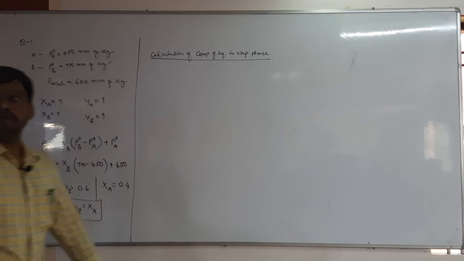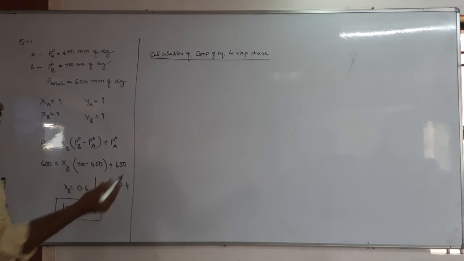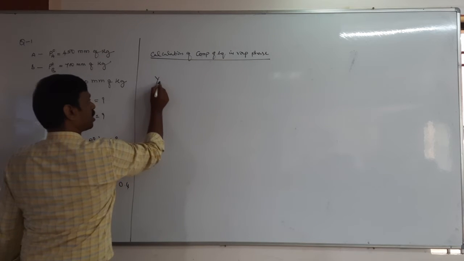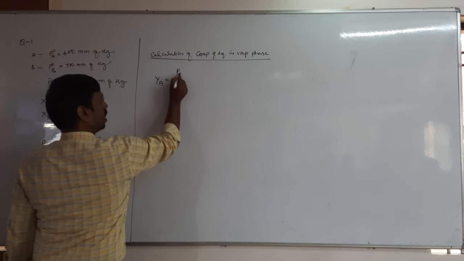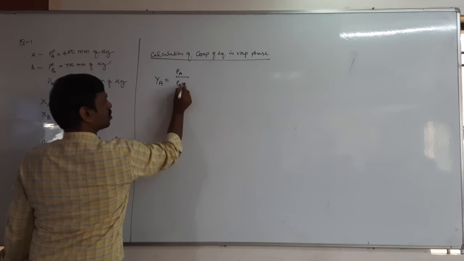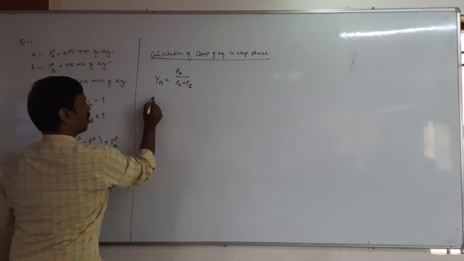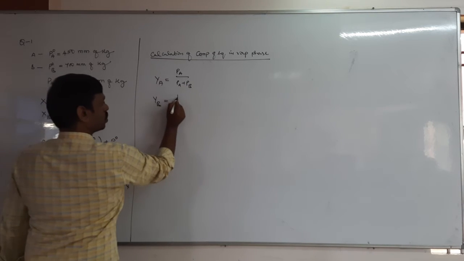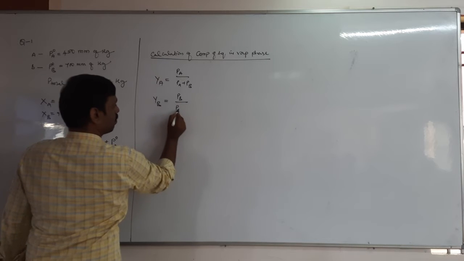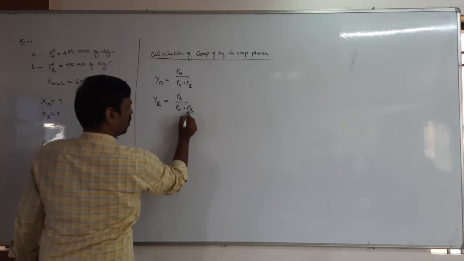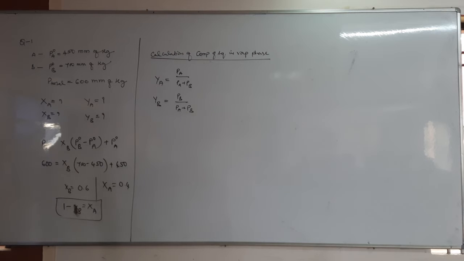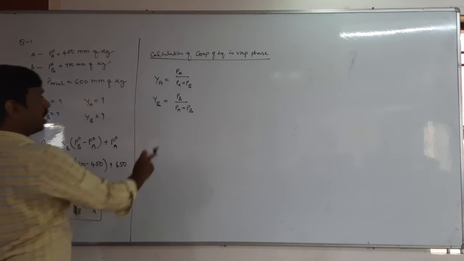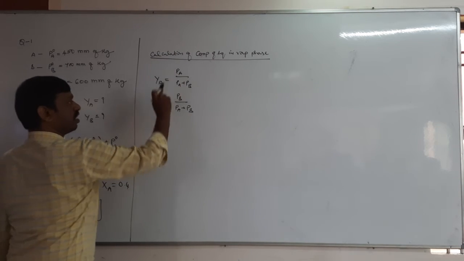In vapor phase, the mole fraction of A, YA, equals PA by PA plus PB, then YB equals PB by PA plus PB. So this is also an application of Dalton's law of partial pressure. To calculate YA, we need to calculate PA first.